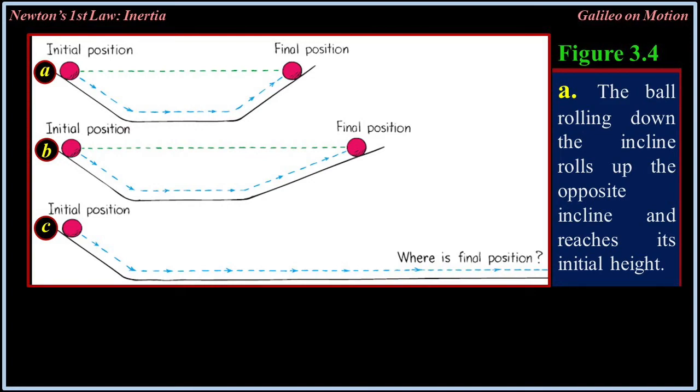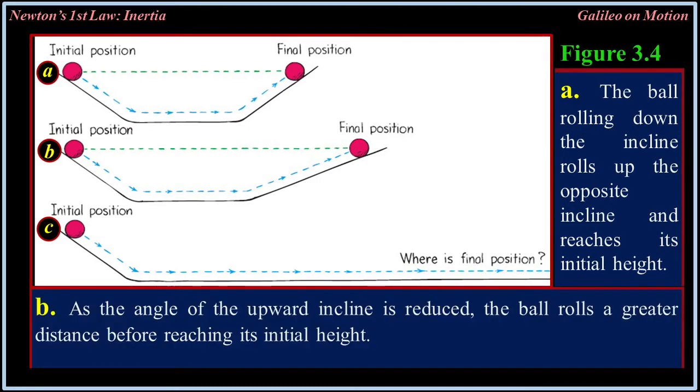Now, A, the ball rolling down the incline rolls up the opposite incline and reaches its initial height. Now, we're assuming that no energy is lost, no potential energy is lost to kinetic friction. But Galileo found that it depends on how smooth things were, they were almost equal.